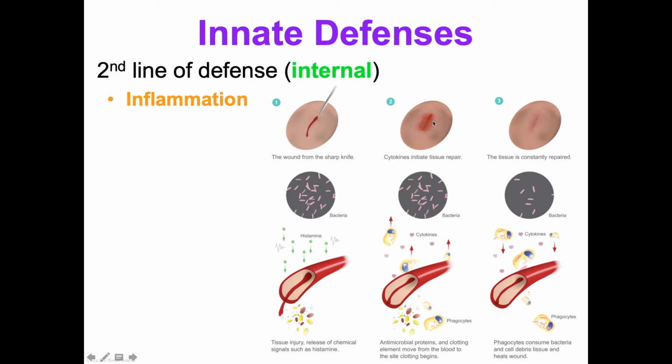Then your cytokines would start to initiate that tissue to repair. And then antimicrobial proteins will show up and start getting the phagocytes. We're going to start getting rid of this bacteria here, and we're going to start clotting where it's been injured, even though you can see where it's getting inflamed.